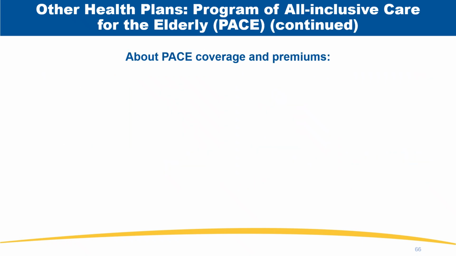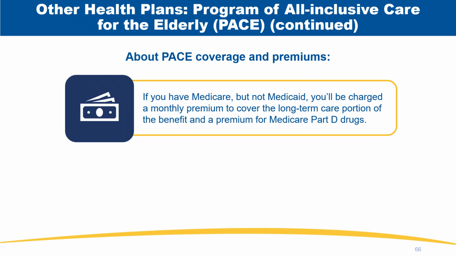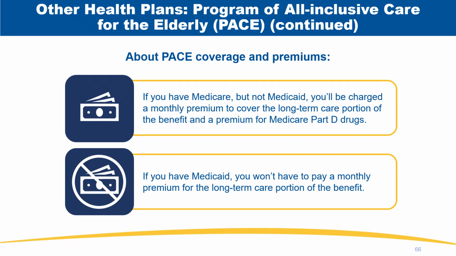Other health plans: Program of All-Inclusive Care for the Elderly, PACE, continued, about coverage and premiums. If you have Medicare but not Medicaid, you'll be charged a monthly premium to cover the long-term care portion of the benefit and a premium for Medicare drug Part D coverage.